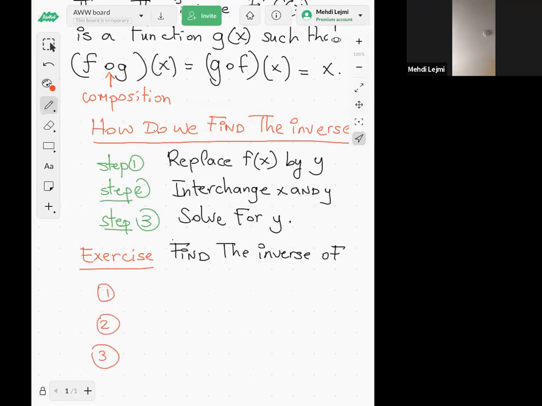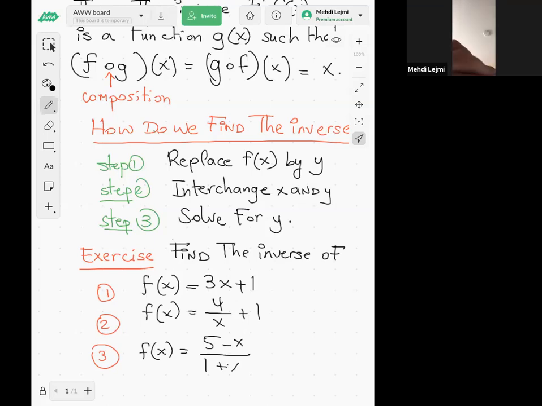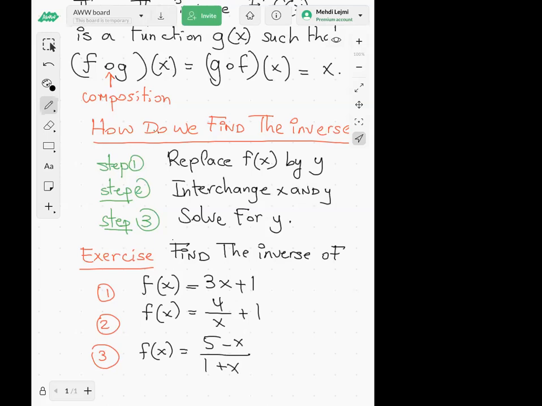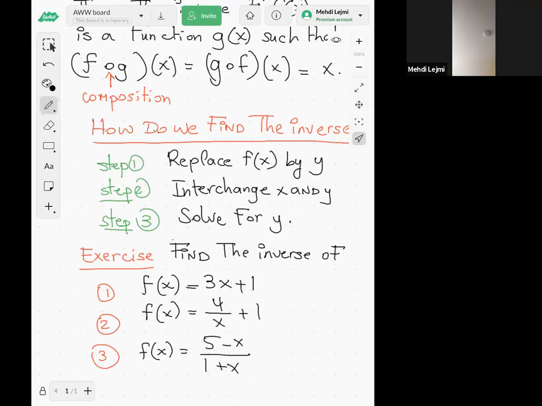I'm not sure which one I solved, but the first function f of x was 3x plus 4, the second function is 4 over x plus 1, and the last one was 5 minus x over 1 plus x.